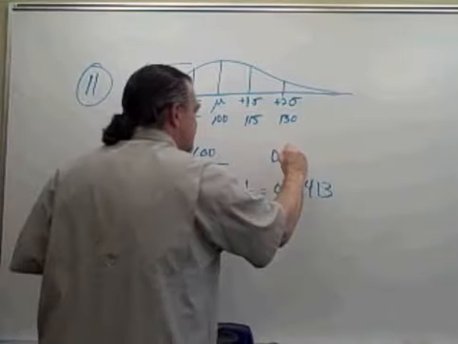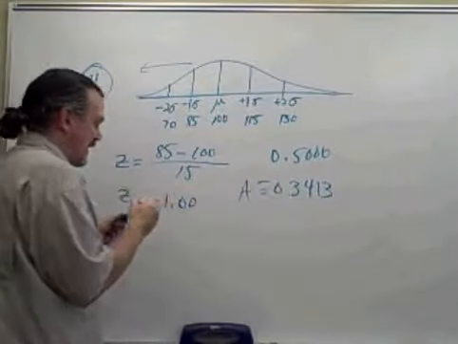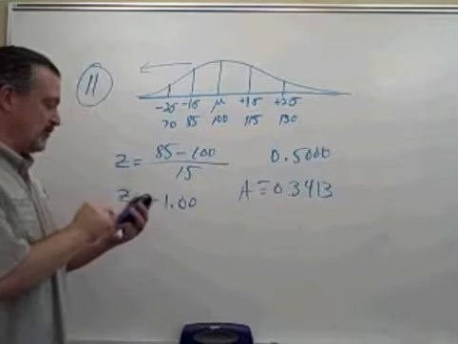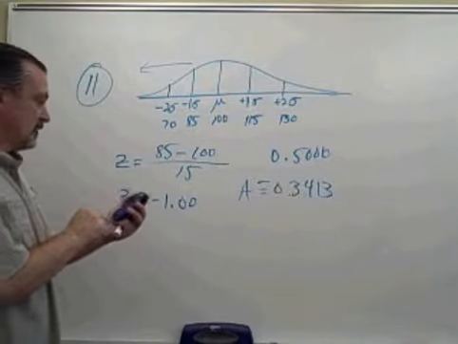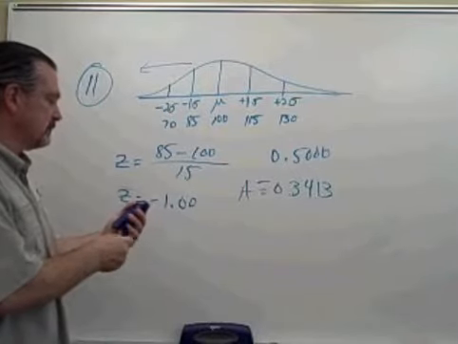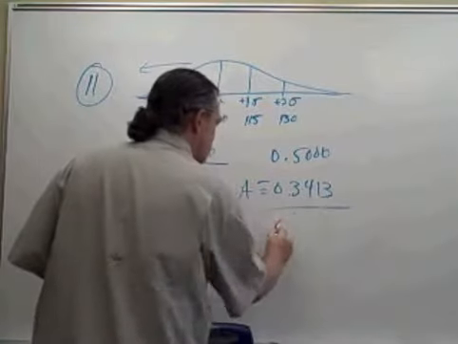So we'd have to take 0.5 and subtract the 0.3413 from it. Yes, I almost made the cardinal error with these problems. So that gives us 0.1587 when we do that subtraction.